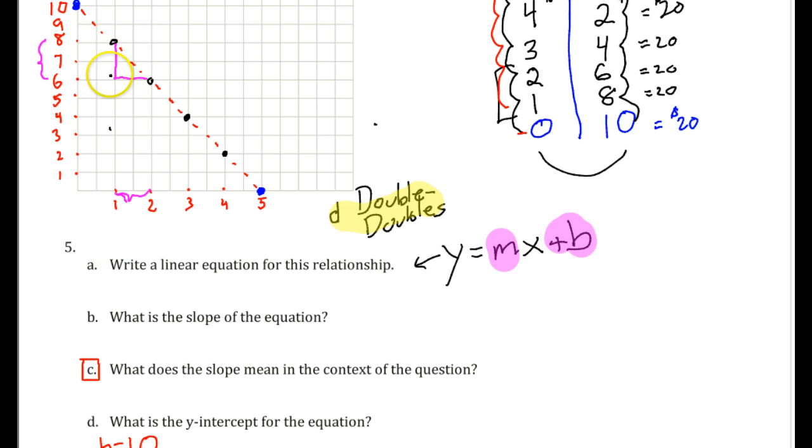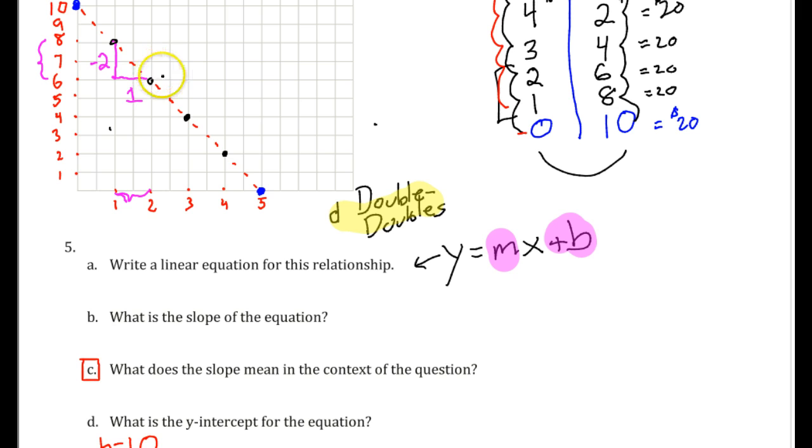So we're going from 8 to 6. That's down 2. Right here we're going from 1 to 2. How far is it from 1 to 2? It's only one. So when you're using different scales, you have to look at the scales when you're counting. What you don't want to do is count squares, saying it's down 2 squares, right 2 squares. So be very careful there.